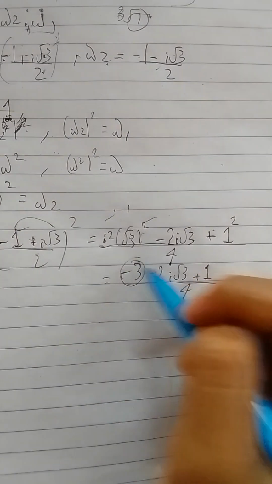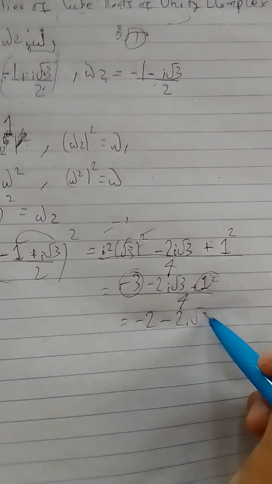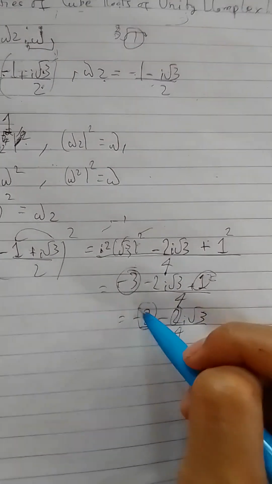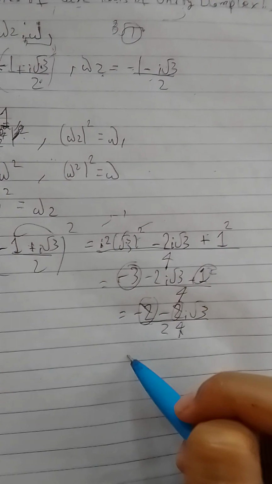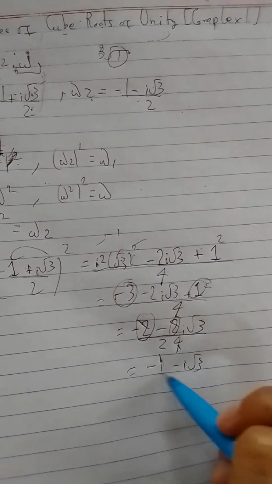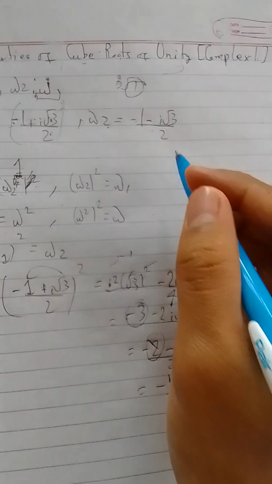Minus 3 plus 1 is simply minus 2 i root 3 by 4. We can take the 2 common, which will cancel, and this will give minus 1 minus i root 3 by 2, which equals omega 2.